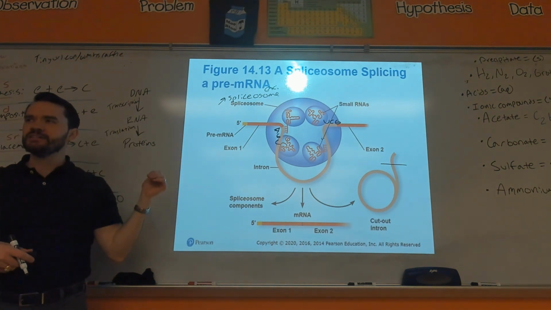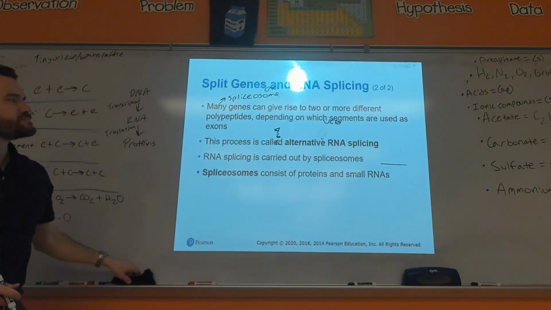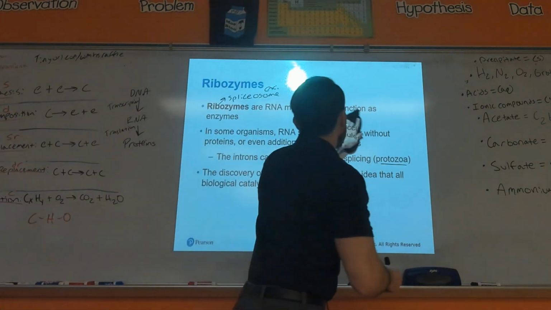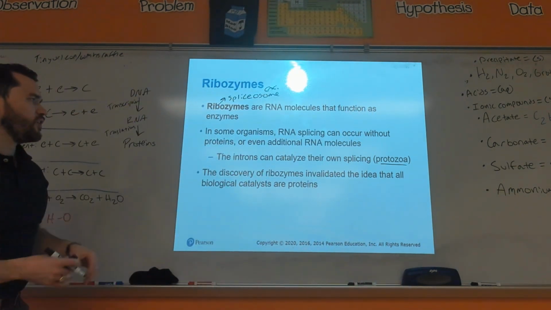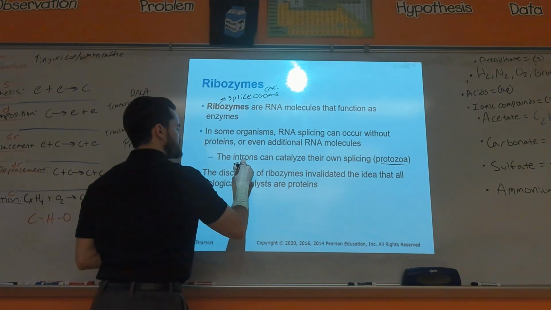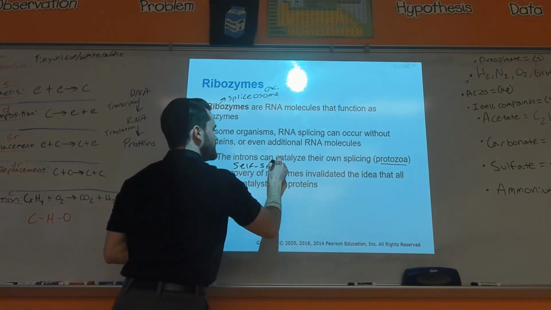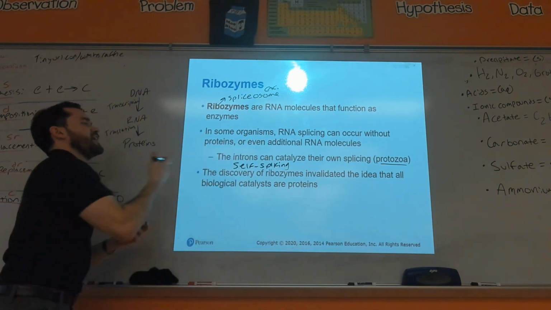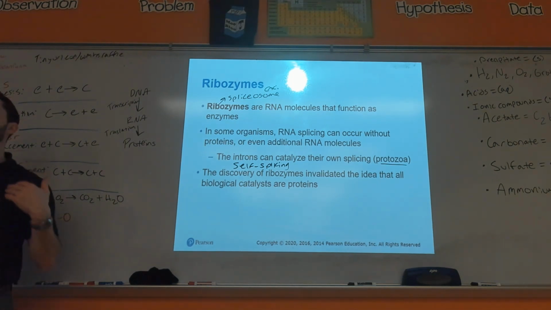It's kind of a wild idea. Anyways, just be aware that some organisms can do self-splicing, they call it. That's when the introns can catalyze their own splice. They can cut themselves out. Again, our cells can't do that, but some can.